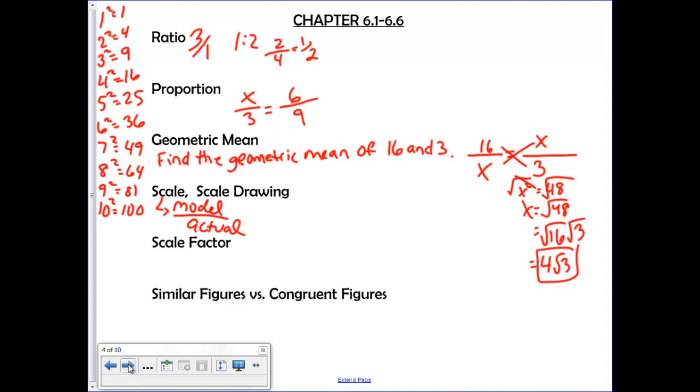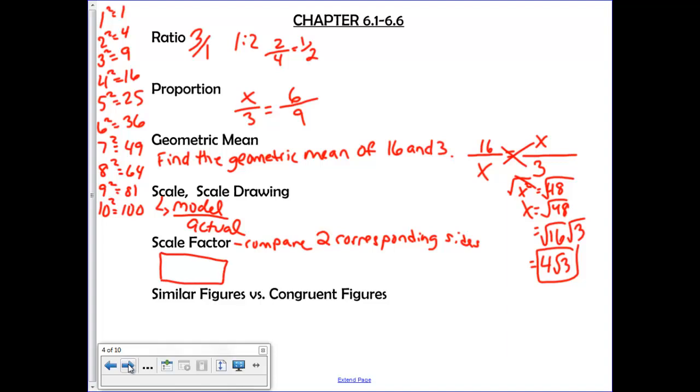And when we find scale factor, what do I do to find scale factor? We compare two corresponding sides. So here's an example. We have a rectangle.